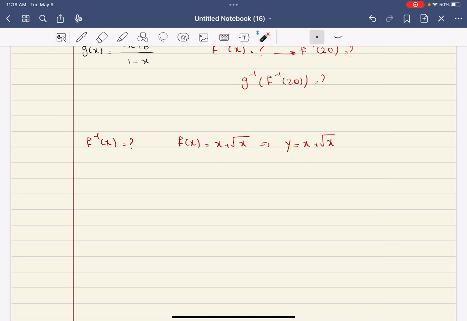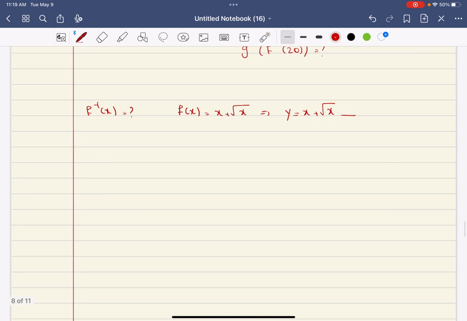For finding the inverse of a function, right now your f(x) is based on a function of x. You have to find your x as a function of your y to find the inverse of f(x). So I'm going ahead and try to do that.